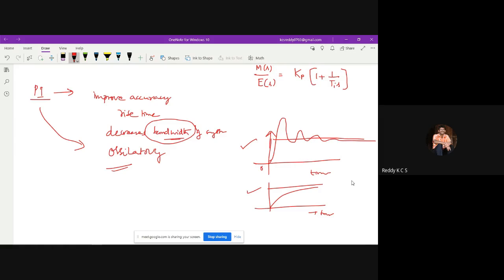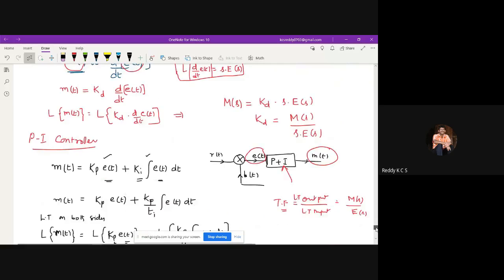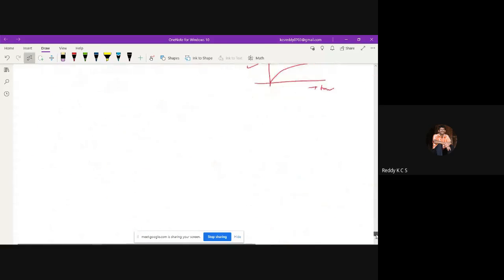Now we will discuss the PD controller. As the name says, it is a combination of proportional plus derivative. Here I can write the equation of this PD controller and its block diagram.